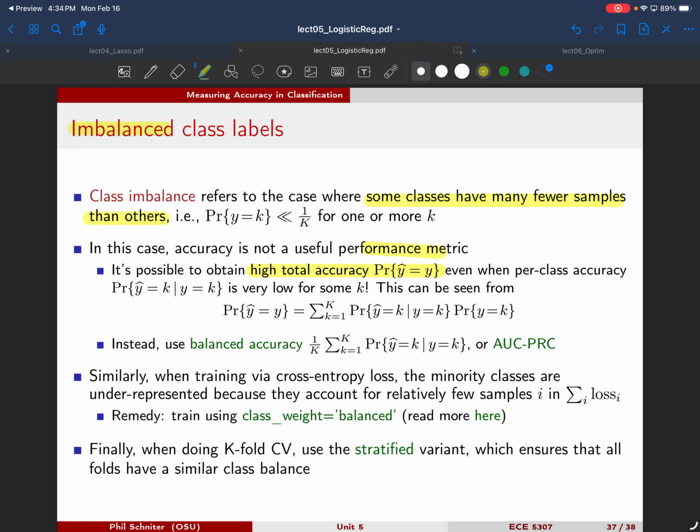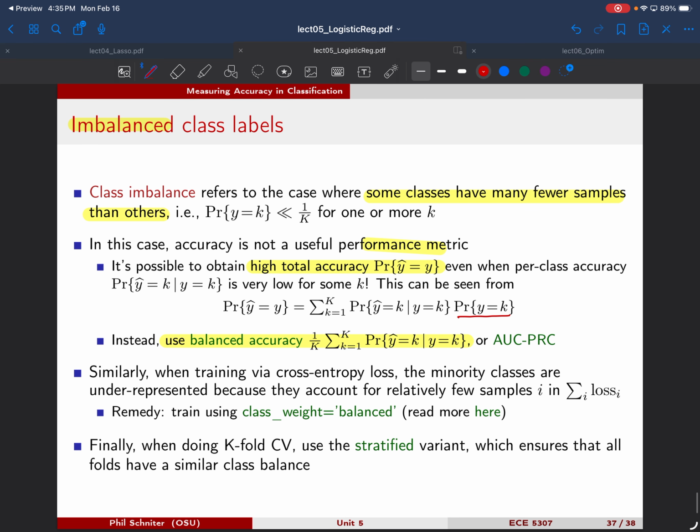One way to get around this is, instead of trying to optimize this, you use balanced accuracy. What we've done here is remove this term and basically replaced it with 1 over k.